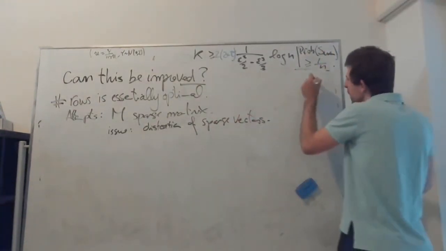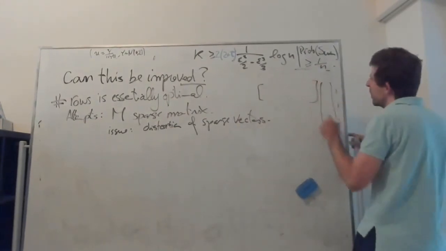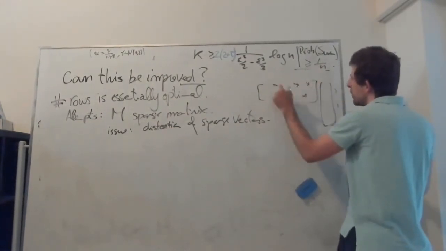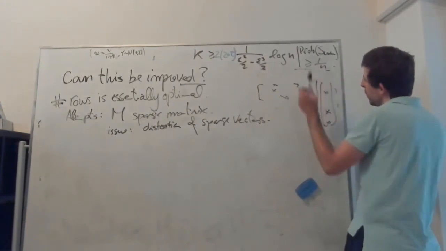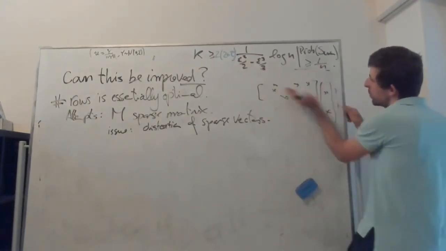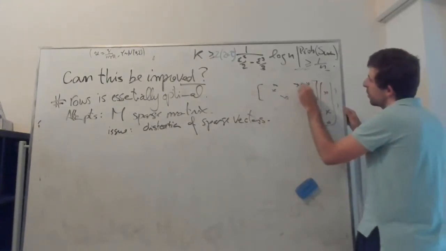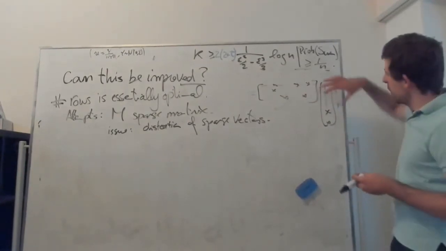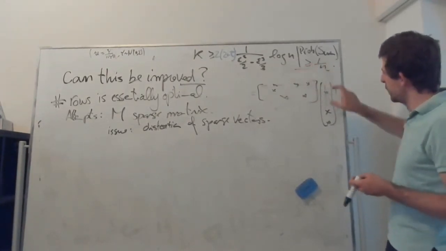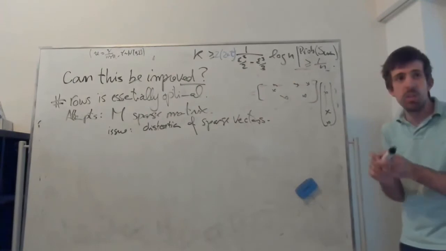Why? Because if matrix M is sparse, let's say it only has a few non-zero entries in each row, then if X is also sparse, when you take the matrix vector product, which is the inner product of rows here with these columns, you will see a bunch of zeros, because most things will be zero unless the non-zero entries happen to coincide, or at least have a collision.